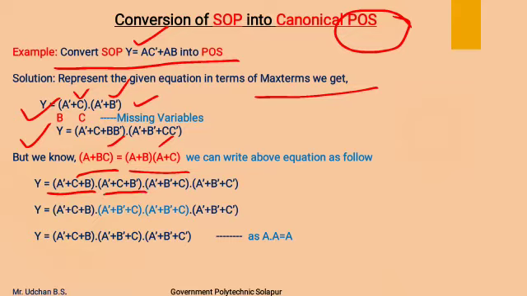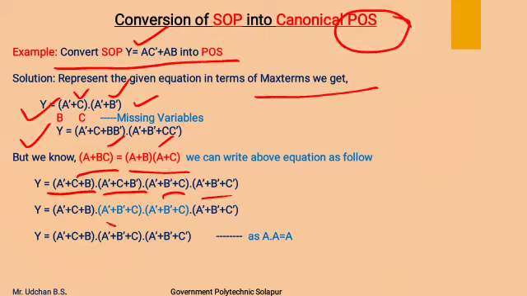In a similar way, A bar plus B bar plus C bar can be written as A bar plus B plus C, A bar plus B plus C bar. So rearranging the equations, we get A bar plus C plus B, A bar plus B bar plus C, A bar plus B bar plus C, A bar plus B bar plus C bar.